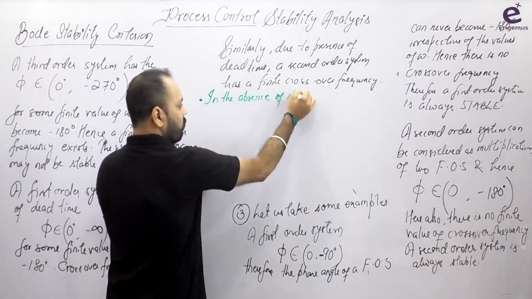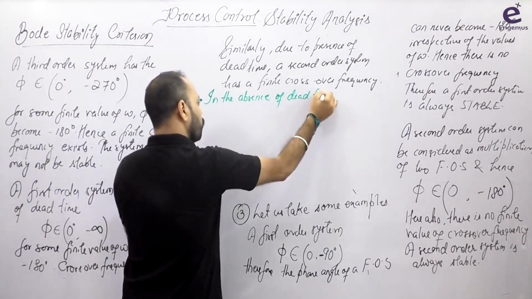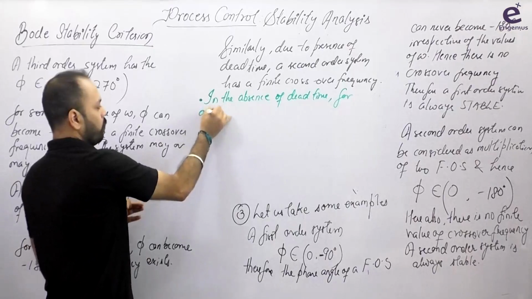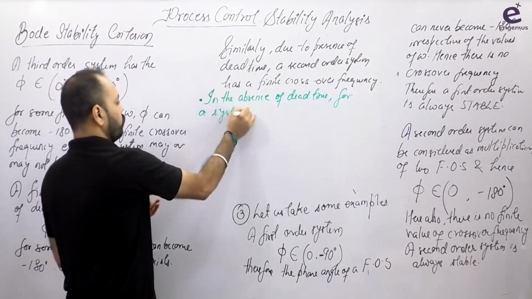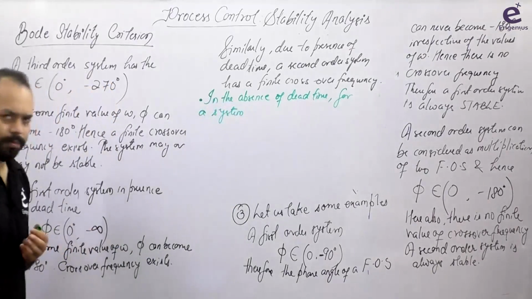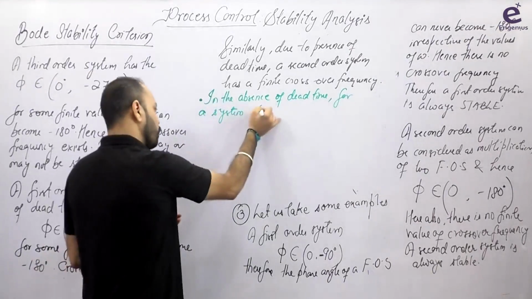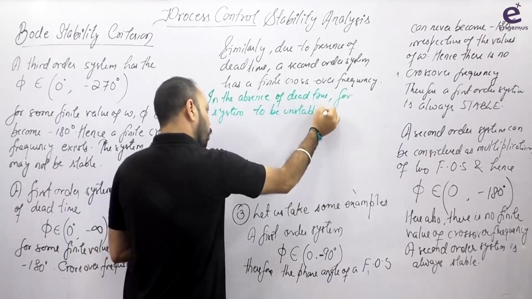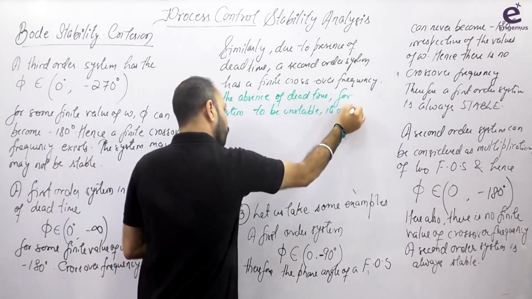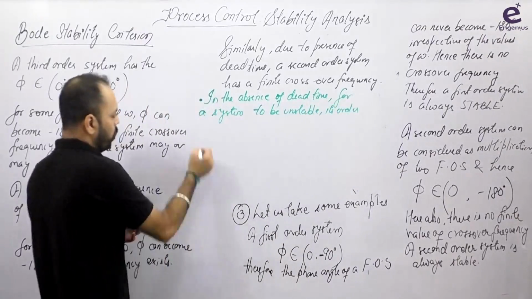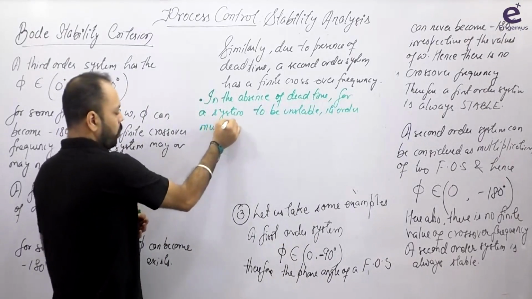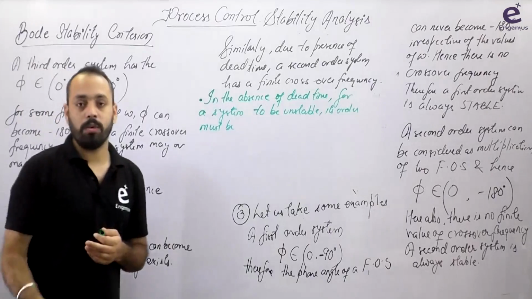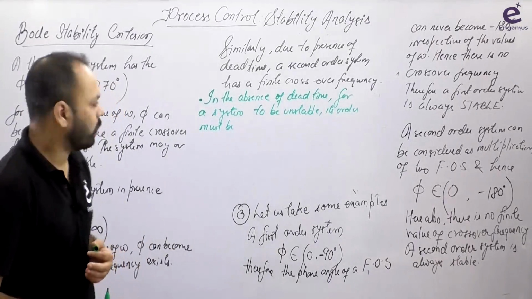In the absence of dead time, for a system to be unstable, its order must be, what do you think? Less than 2, equal to 2, greater than 2, greater than or equal to 2. Which one will be the correct answer?